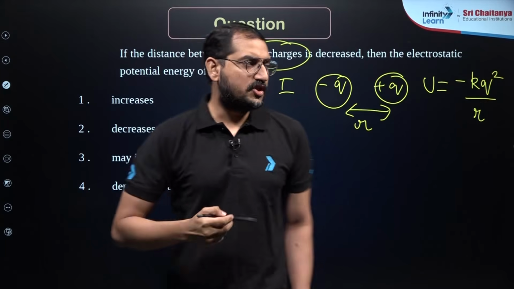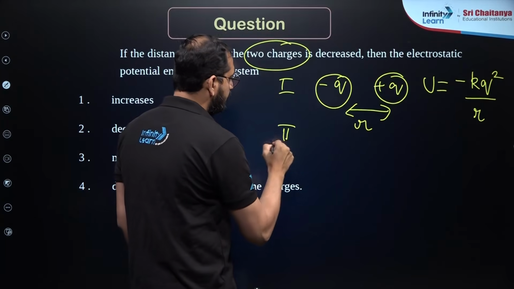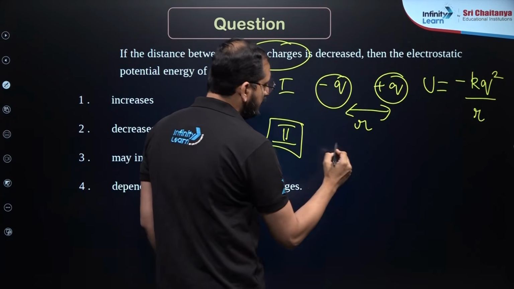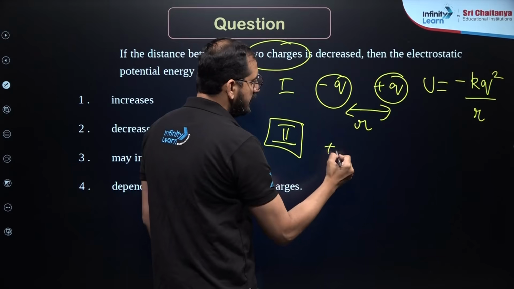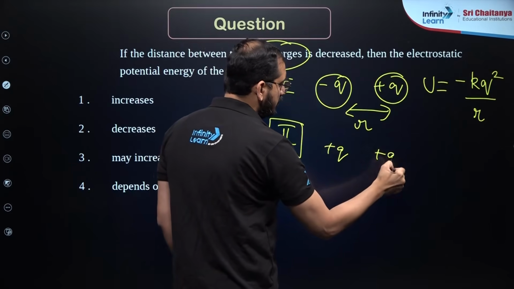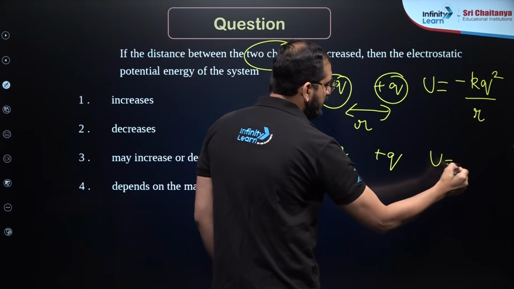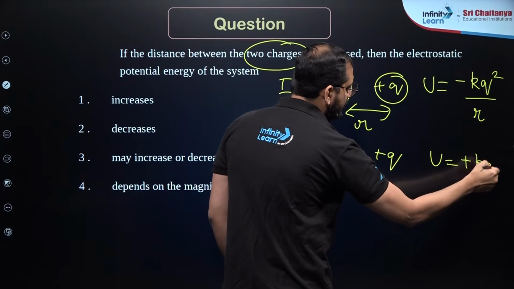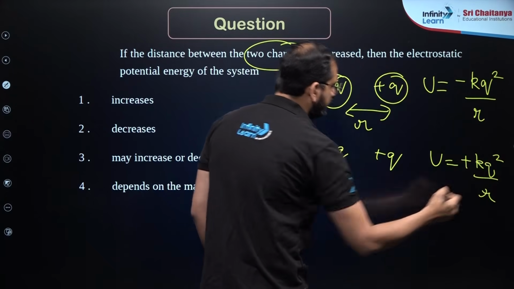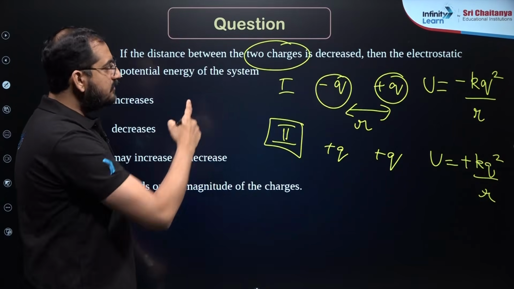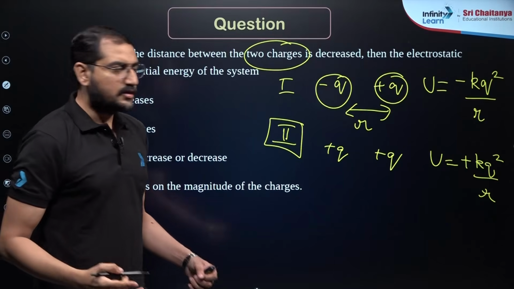And if both the charges have the same sign, let's say this is also plus q, in that case I am going to use the formula k q square by r. I have to decrease the distance between the charges.